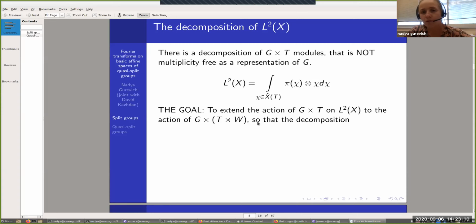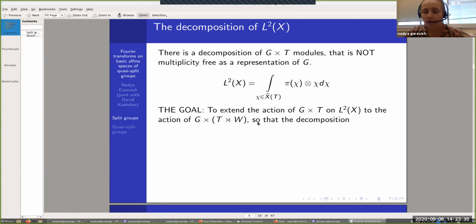So the goal would be to extend the action of G times T, which is so natural on the space, to the action of a slightly bigger group, precisely, where we replace T by its semi-direct product with W, okay? So we still don't know how to do that, but assume we did.